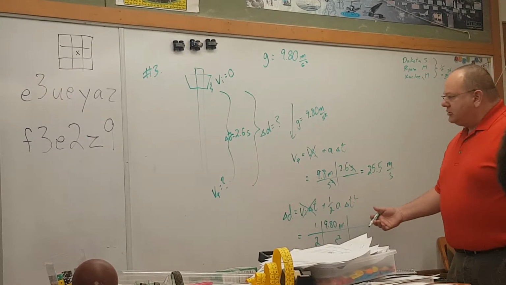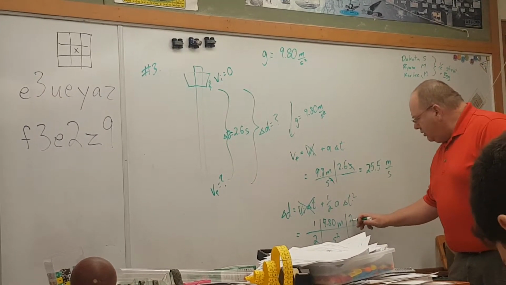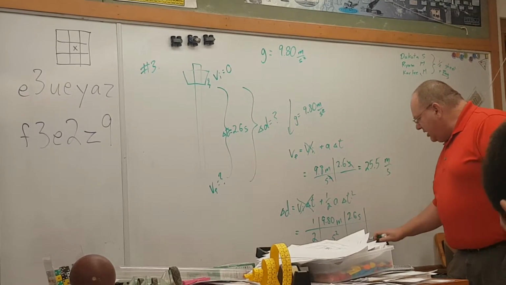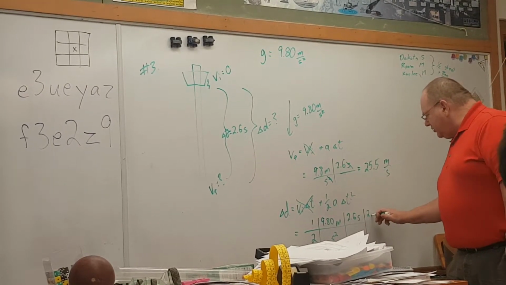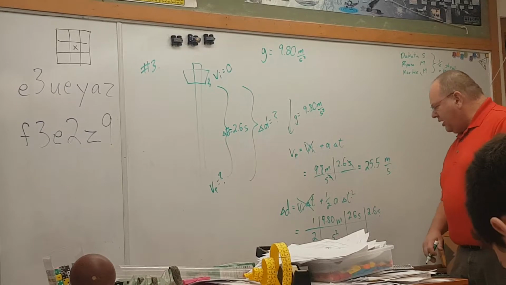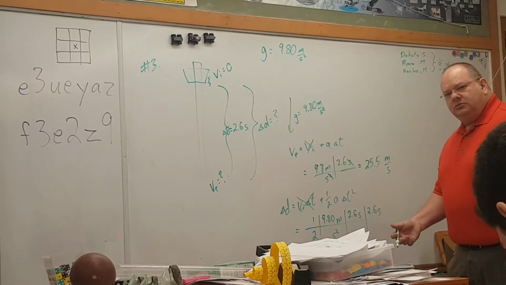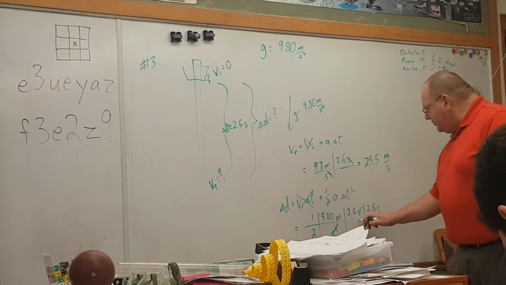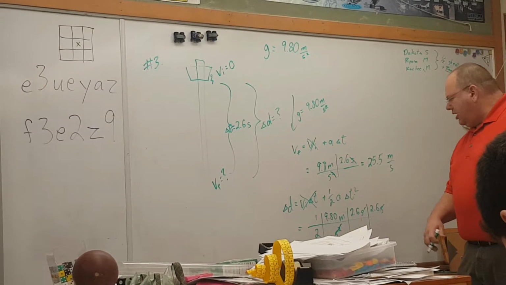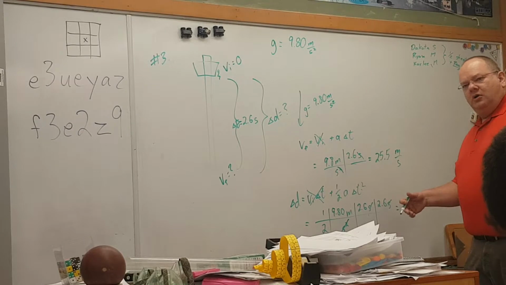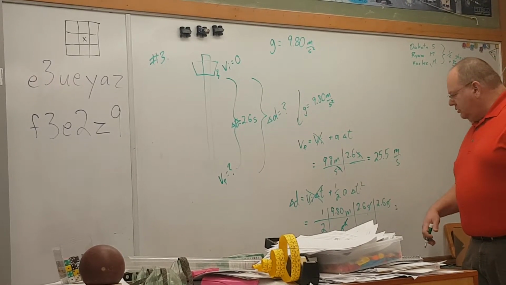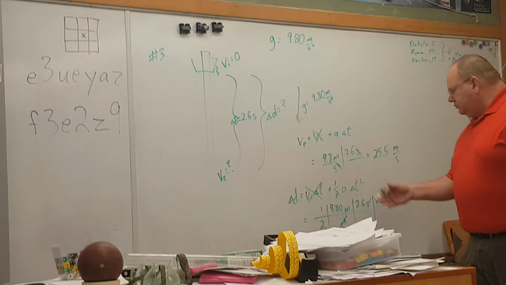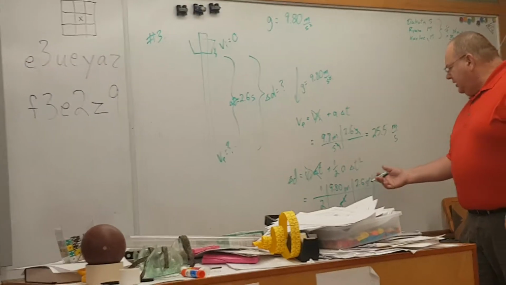Our time, delta T, is 2.6 seconds, but that was squared, so I'm going to put in another 2.6 seconds. What happens with labels? Seconds will cross off. Seconds squared on the bottom, seconds times seconds on the top, they're all gone. I'm left with meters, the distance. Good news. So this is roughly 33.12.